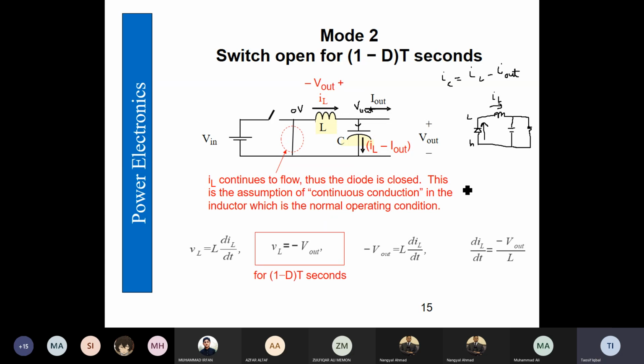So now the inductor voltage is going to be again L dI by dt, but in this case the VL is only because of the output voltage. So we have minus V out because polarity is now reversed, and therefore minus V out divided by inductance value L. This is the falling current slope for the inductor.